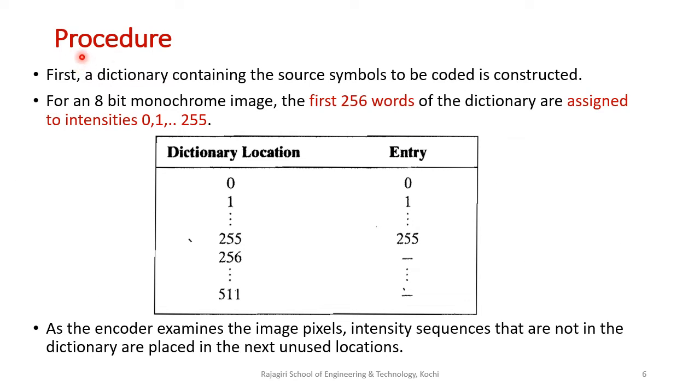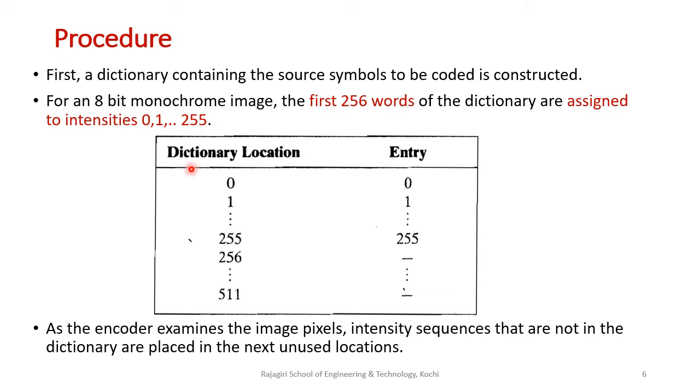The procedure of the LZW algorithm is explained as follows. First, a dictionary containing the source symbols to be encoded is constructed. For example, if you consider an 8-bit grayscale or monochrome image, each pixel can take intensity values 0 to 255. So the first 256 words of the dictionary are assigned to intensities 0, 1, etc. up to 255.